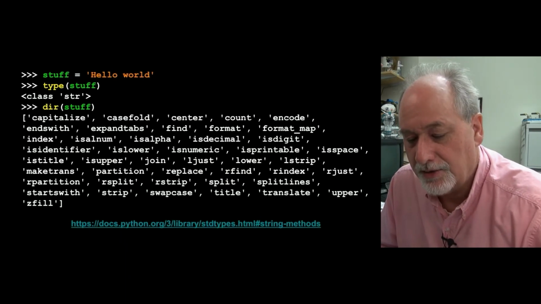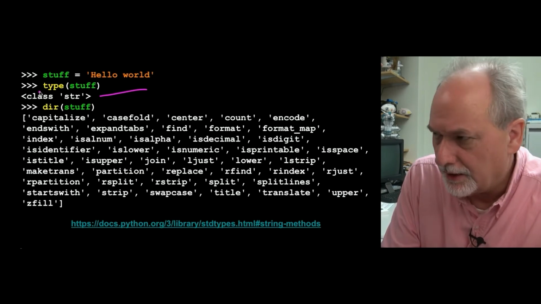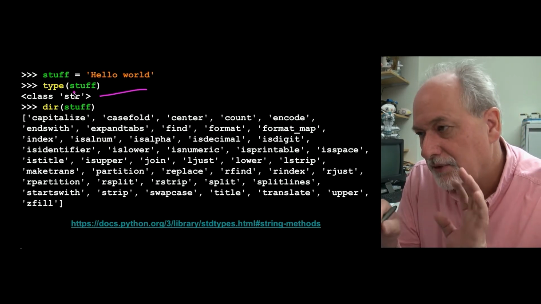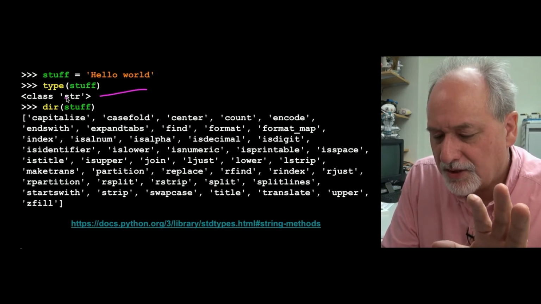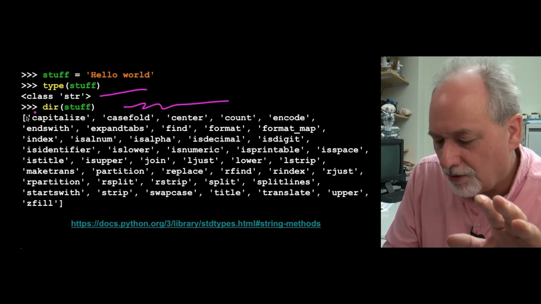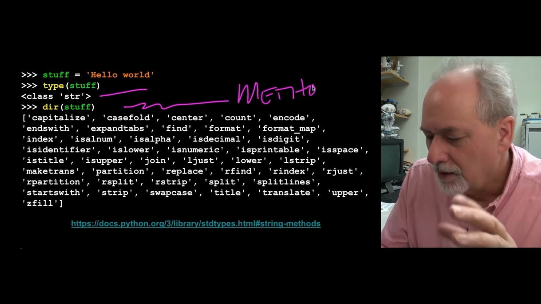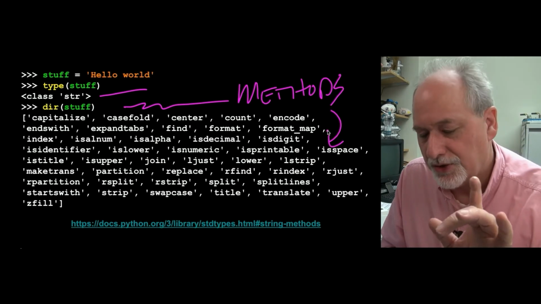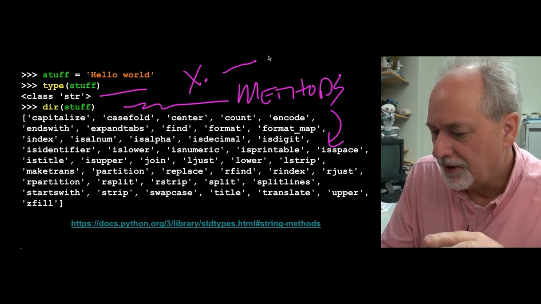You can do things like use the type. Look, this used to say type str, but it's class str. The word class is an object-oriented concept, but it is a string, and you can use dir, and of course there's extra stuff up here, and this is showing all the different methods or capabilities, things we can do to strings. So x dot something, parentheses.